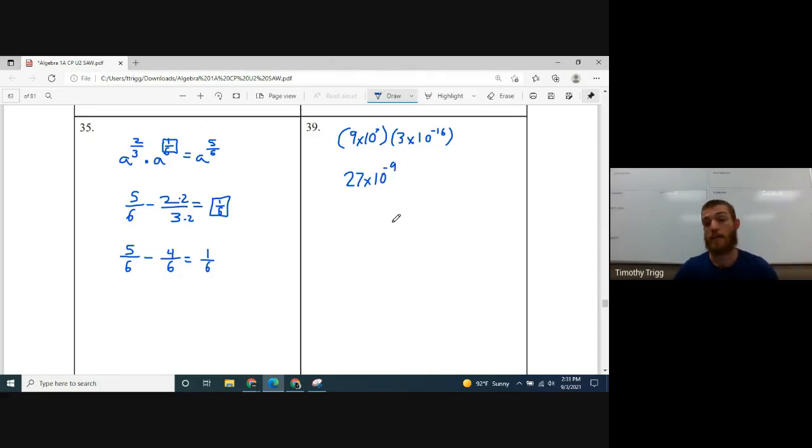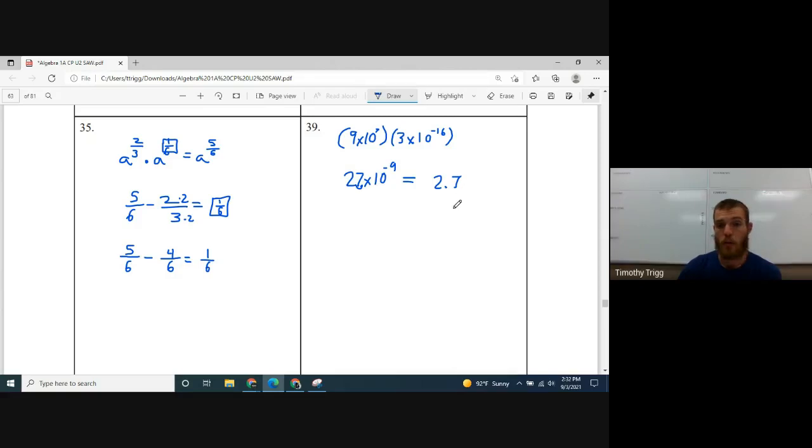Okay. Now it says to write our answer in scientific notation, and we are almost in scientific notation, but not quite. Remember, in scientific notation, instead of 27, we want it to be 2.7. So we need to move the decimal from where it's currently at, behind the 7, to between the 2 and the 7.